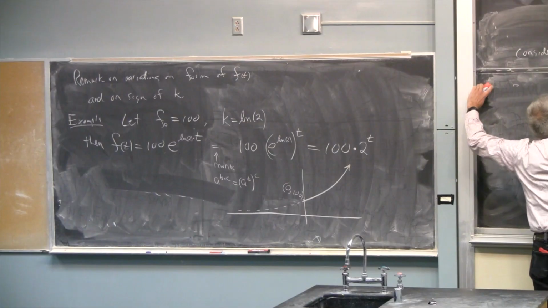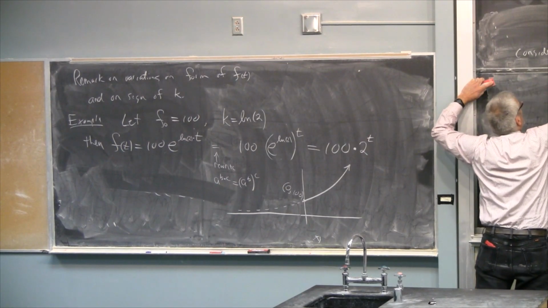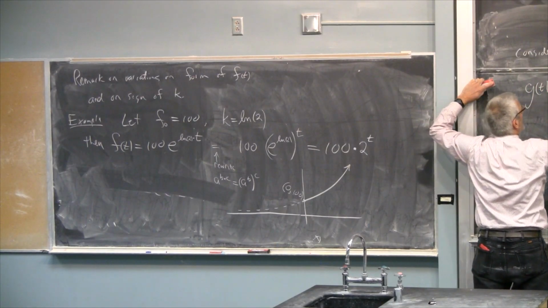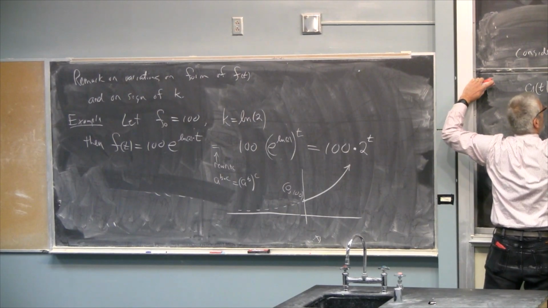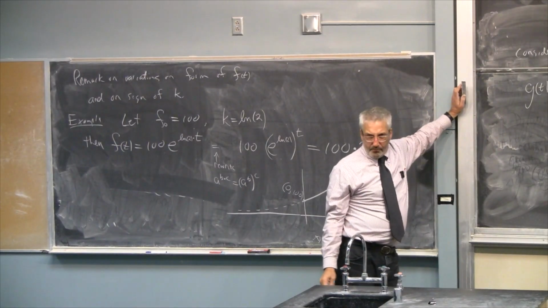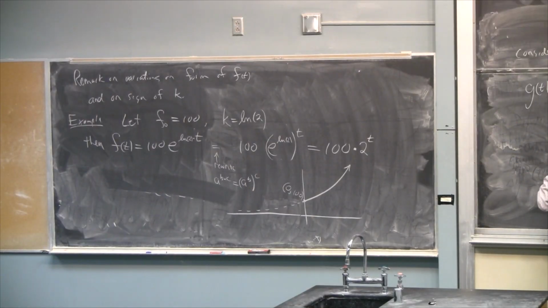Now let's let g of t have c equals 100 and k equals minus ln of 2. So g of t equals 100 e to the minus ln of 2 times t. Well, let's rewrite this. This is 100 times e to the minus ln of 2, all that in parentheses, raised to the t power.